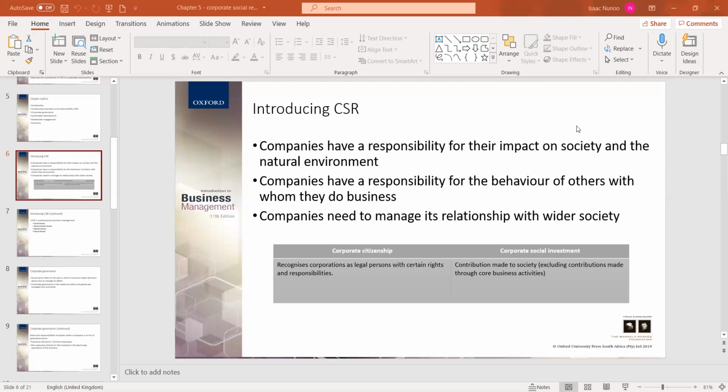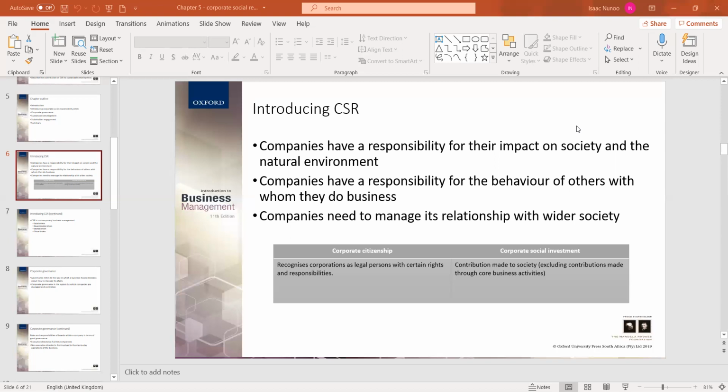So you should be concerned with the welfare, the behavior and the attitude of those you do business with, so that your responsible attitude towards them builds goodwill and they can always come back to do business with you.